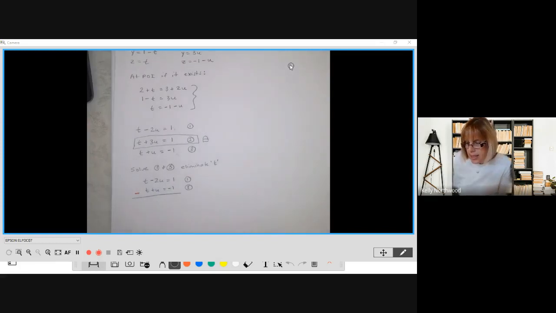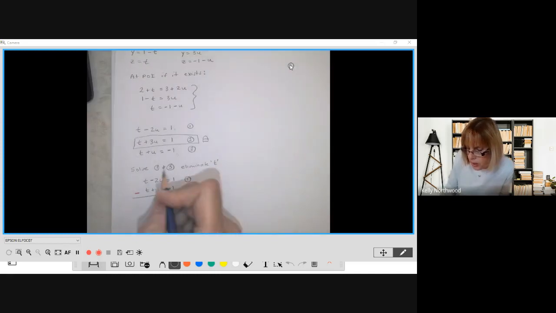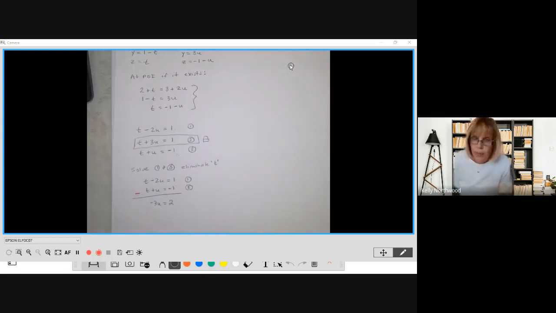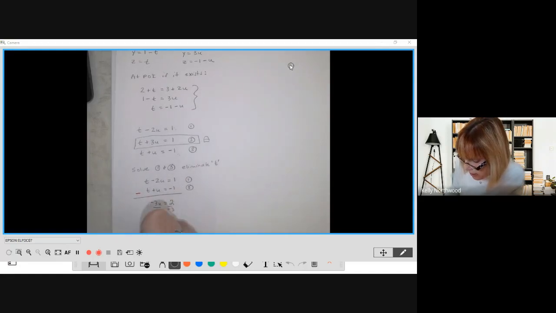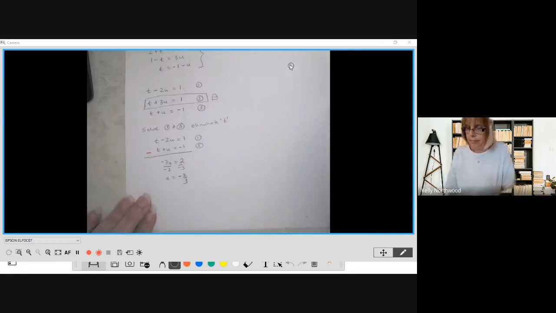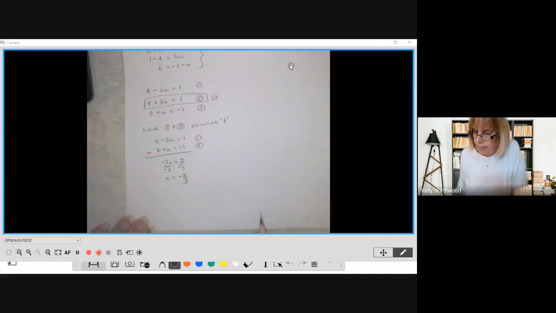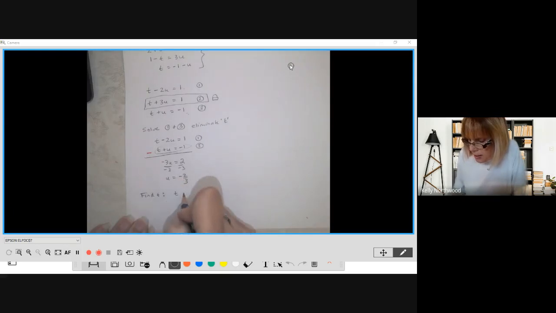So t minus t is 0. -2u minus u is -3u. 1 minus -1 is 2. And if I divide both sides by -3, I get u is -2/3. Now I have to find t. So I'm going to choose this equation 3 here. t plus u, so plus negative 2/3 equals -1.